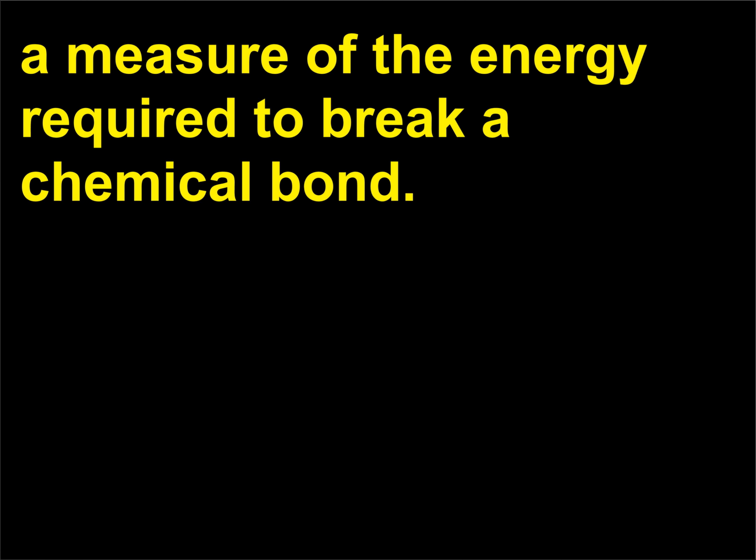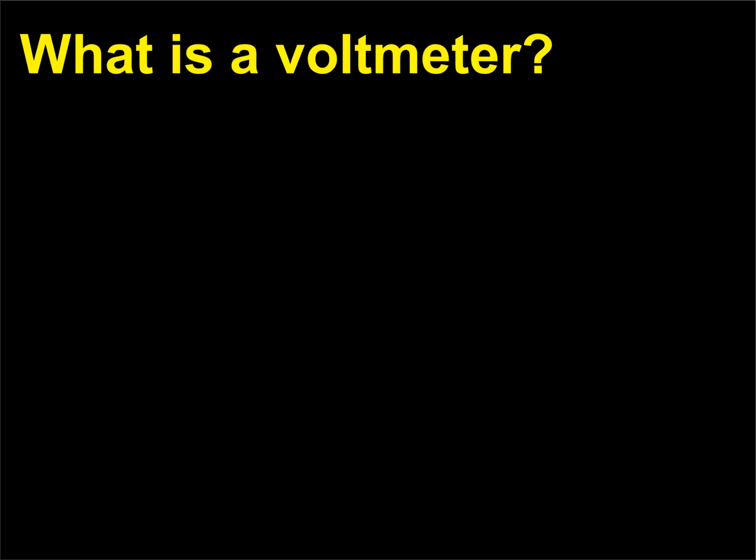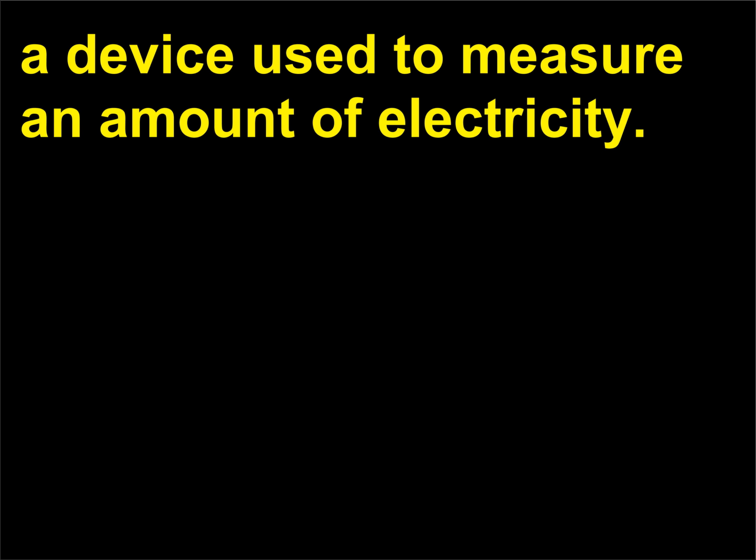A measure of the energy required to break a chemical bond. What is a voltmeter? A device used to measure an amount of electricity.